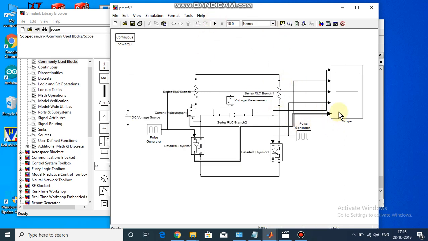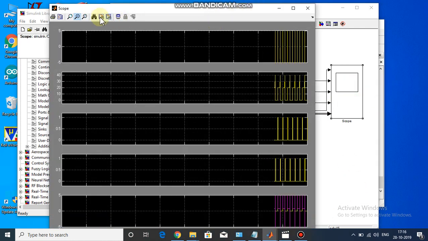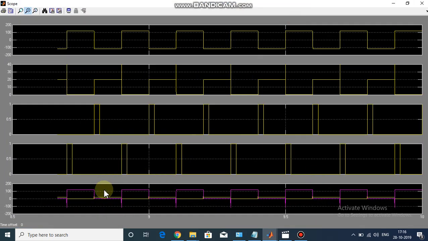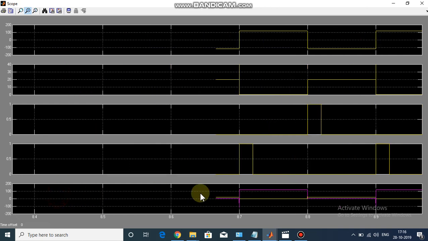So now if we run again, the simulation is completed. We open the oscilloscope, do the auto scale, and here we will get the SCR current and voltage across the SCR.